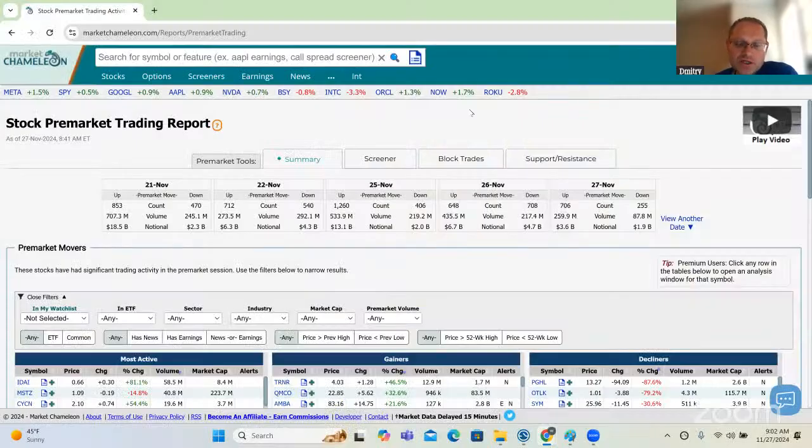And today we're going to cover block trades, stock block trades, trading in pre-market hours. We're going to take a look at how we could detect them, how we could filter out block trades that are trading in a dark pool, and discuss a little bit about what that means when we see block trades in a dark pool.